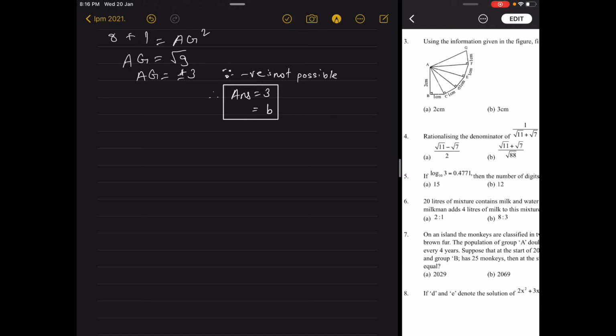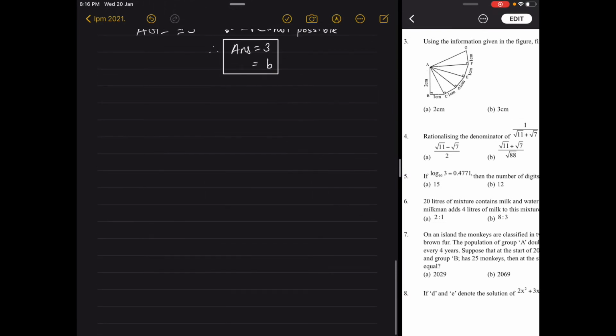Okay, now what I showed you is a common approach to this question. You can obviously form an equation kind of, where you will basically take AB square plus BC square is equal to AC square, and AC square plus CD square would be equal to AD square, right?